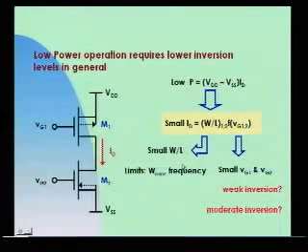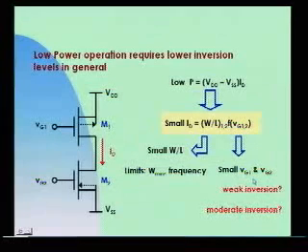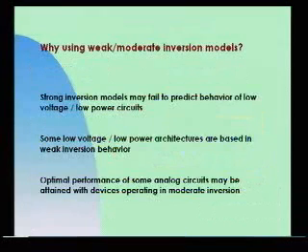It may be necessary to decrease the value of VG, and also to put the transistors in weak or moderate inversion. The moderate inversion is still more difficult to model, isn't it? But you can do it.